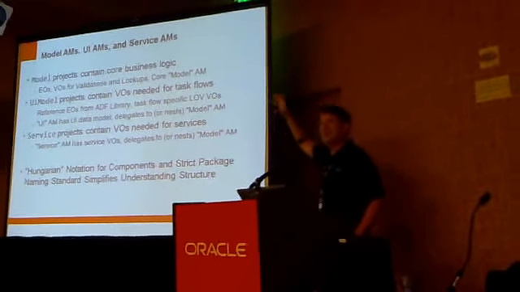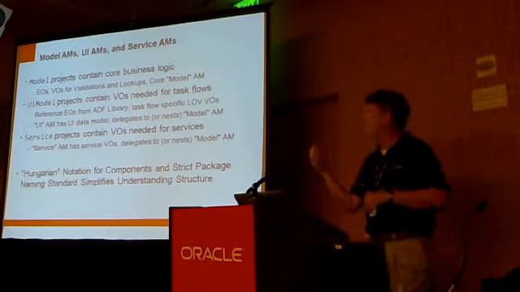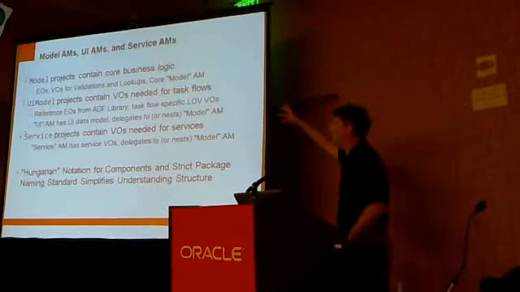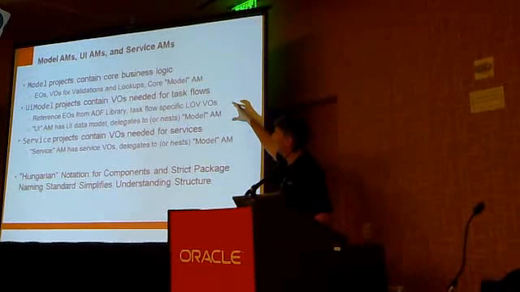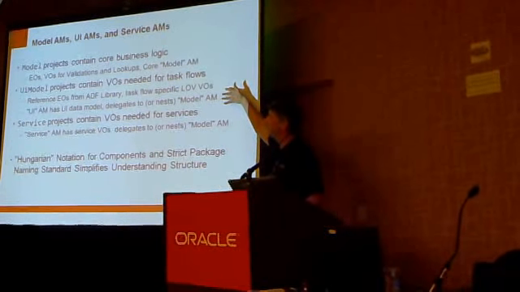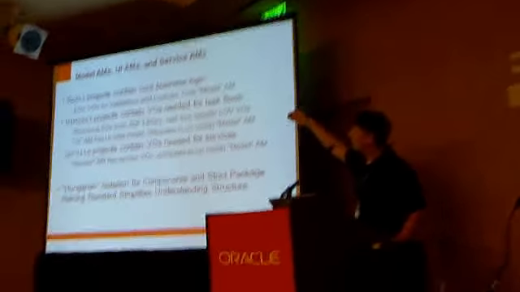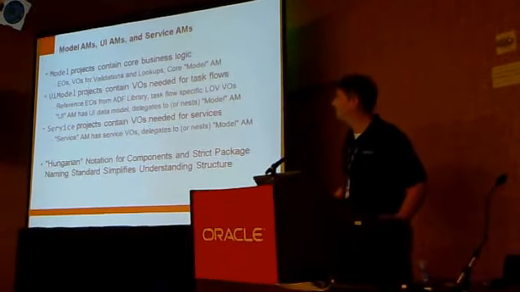And then sometimes they have specific needs for a task flow that needs queries that aren't really part of the core validation and lookup. And so they use a UI model project to support a task flow, often using view objects from the base model project or creating a few new view objects as needed. And the UI model project is something that would be packaged together with the task flow for reuse.